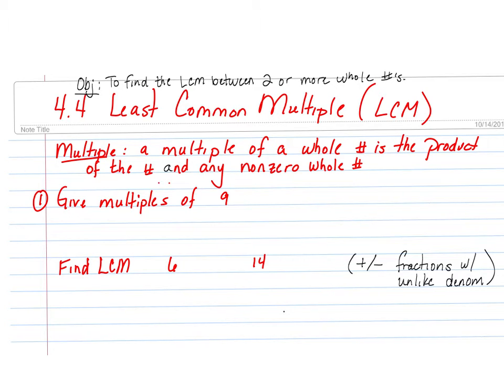Well, we have to start with 1. 9 times 1 is 9, 9 times 2... So we're basically skip counting, right? 9 times 3, 9 times 4, 9 times 5, 9 times 6, 9 times 7. And these keep going on and on and on, right?